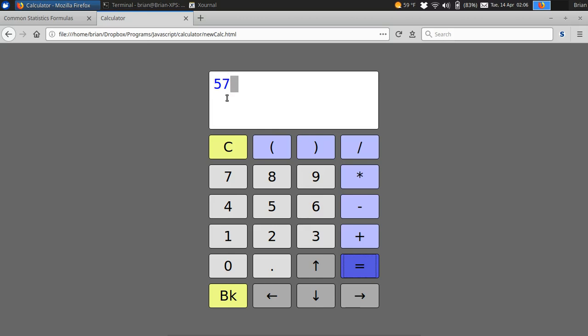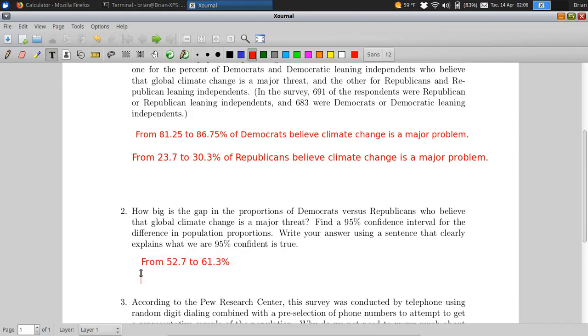Okay, so when I write a sentence to explain this, I should say something like, I am 95% sure, assuming that all the assumptions of the confidence interval are correct, and we'll talk about those in a minute.